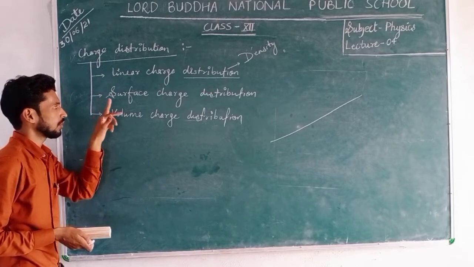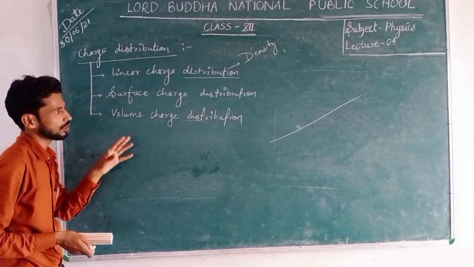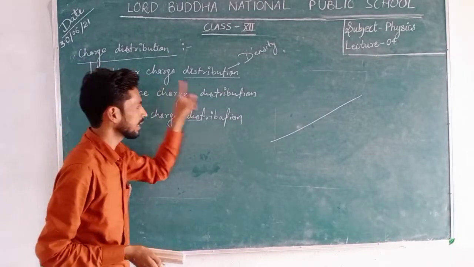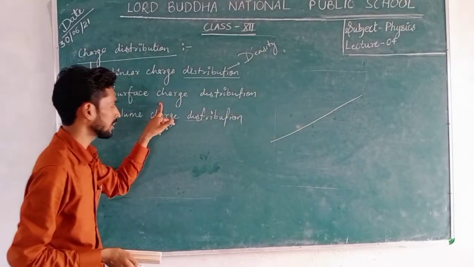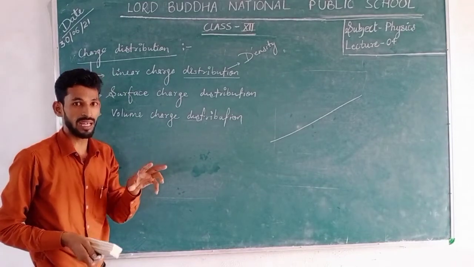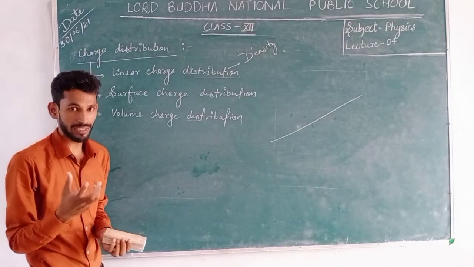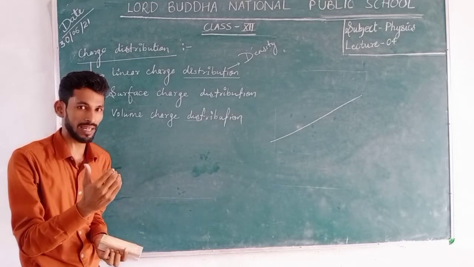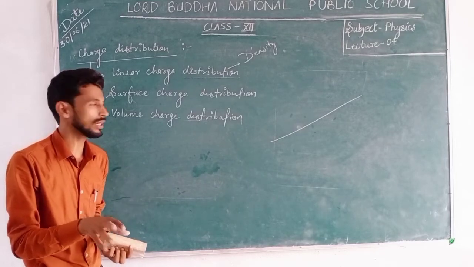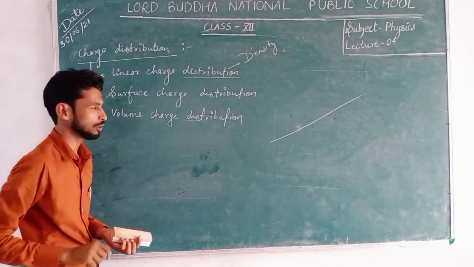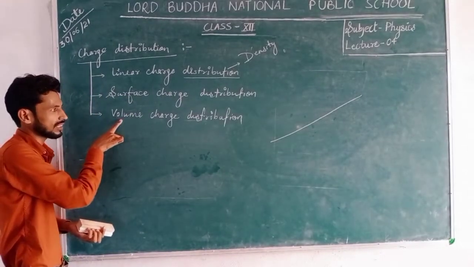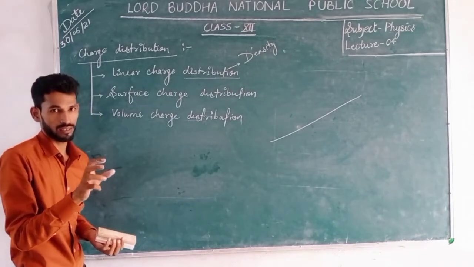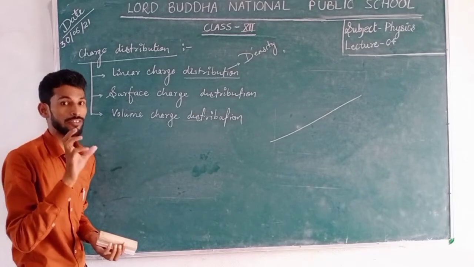But if we want to discuss surface charge distribution, a surface is a 2D figure, okay, but linear is 1D. If any amount of charge is present on a surface and we want to calculate the density of charge, then this topic relates to surface charge distribution. But volume charge distribution is related to a cuboid shape, or we can say a 3D figure.